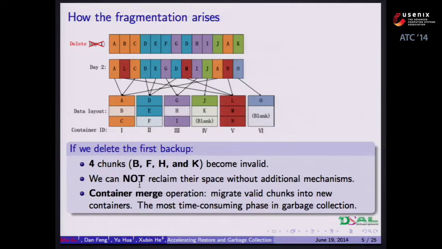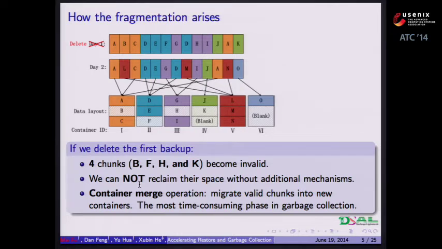After our second backup, we delete the first backup. And the 4 chunks, B, F, H, and K, become invalid since the second backup doesn't reference them. However, we cannot reclaim their space without additional mechanisms. For example, we try to reclaim chunk K in container 4. However, chunk J in the same container is still referenced by the second backup.